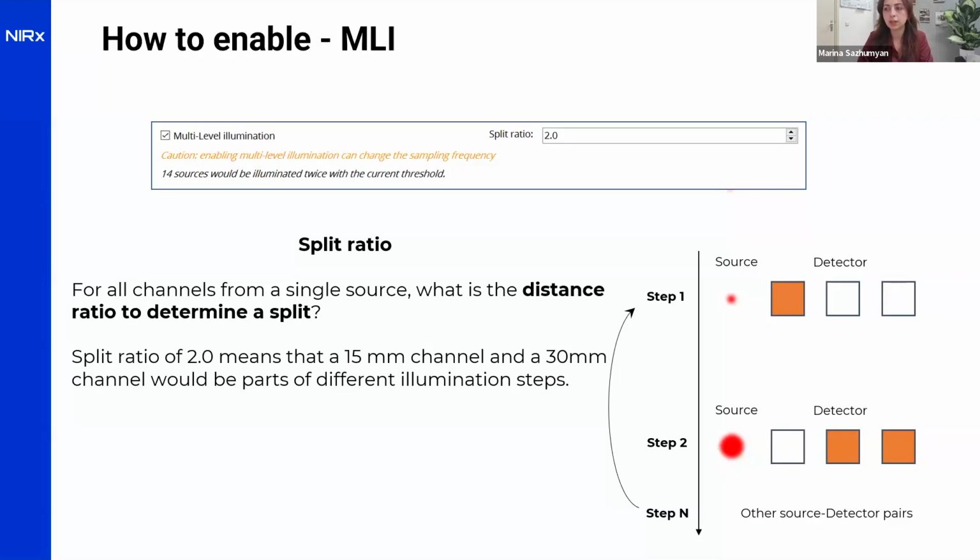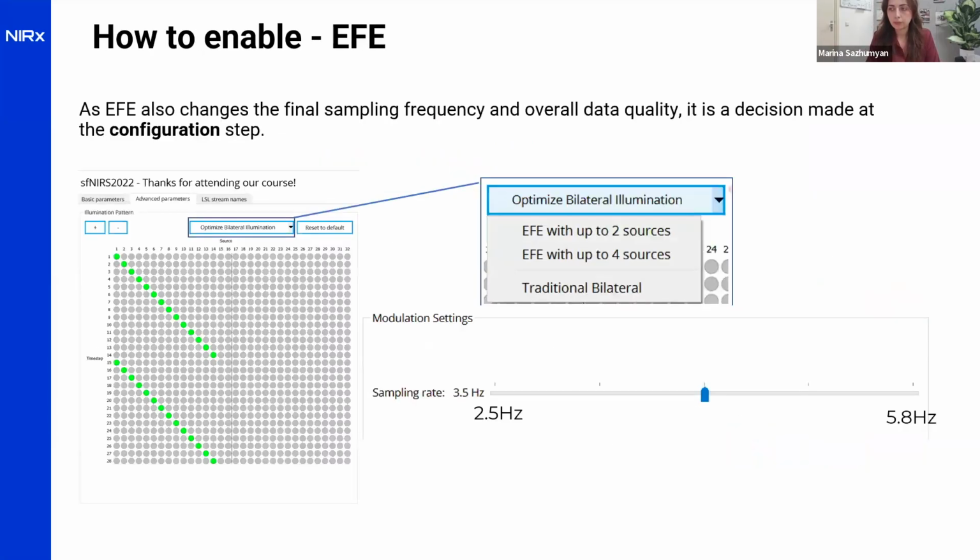So if we have channels at 15 millimeter distances and 30 millimeter distances, and we have a split ratio of 2, this means that the 15 millimeter channel, which is half the distance of the 30 millimeter channel, will be put in a separate time step in the first group, versus the 30 millimeter will be in the long channel group, and they will be illuminated at 2 unique time steps at 2 unique source brightnesses.